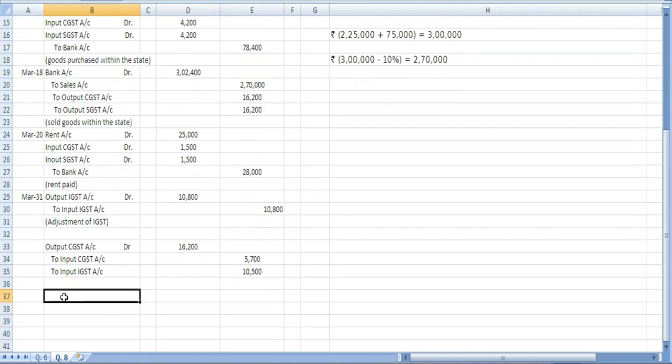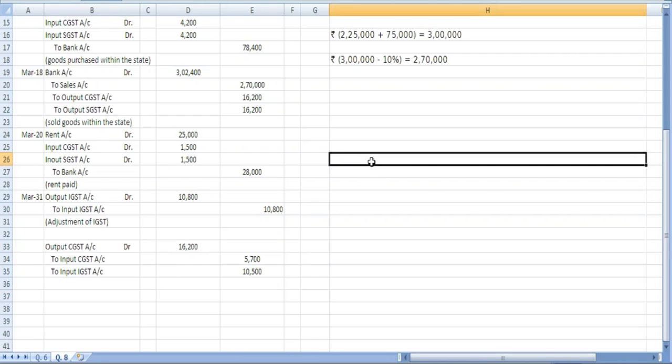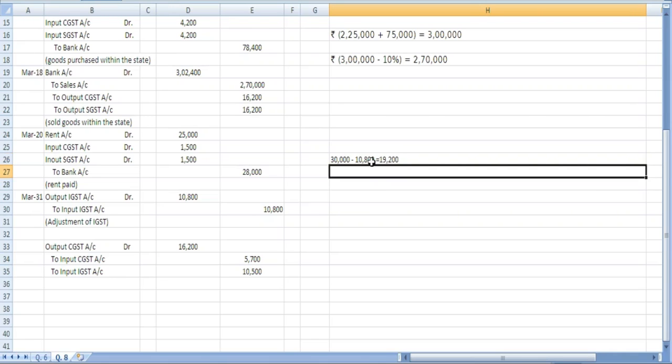Now the last one, we will adjust the SGST. Now how much money is left again? It was 30,000, and then we minused 10,800. So that was coming to 19,200.